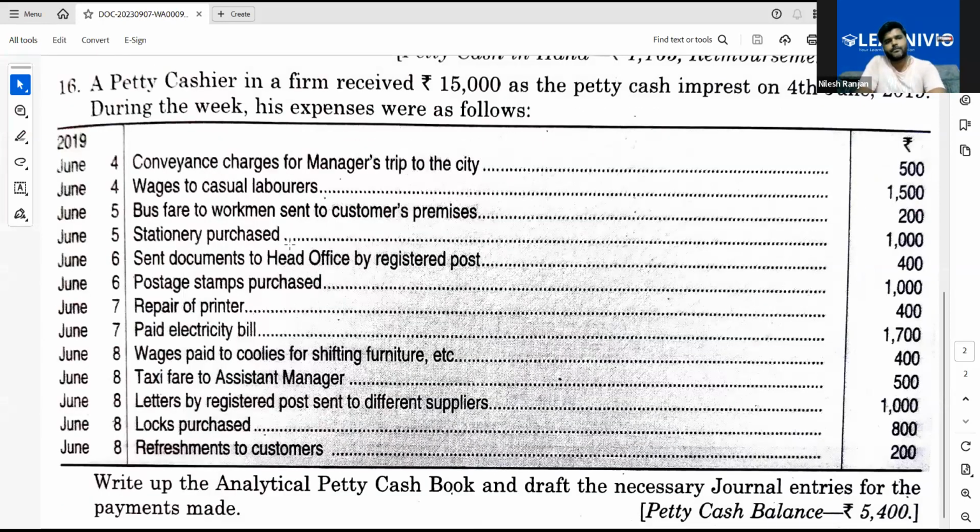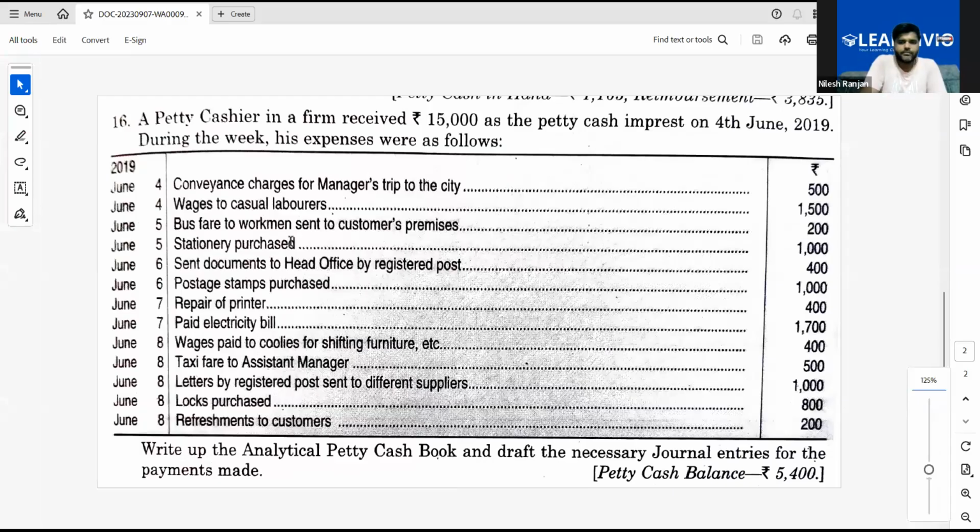Yes. Okay. Can you solve this one? Yes. Simple petty cash book, not analytical. You have to solve the simple petty cash book. Okay.